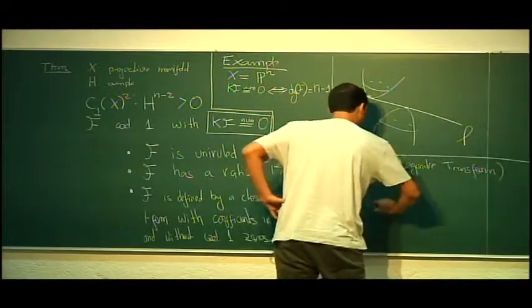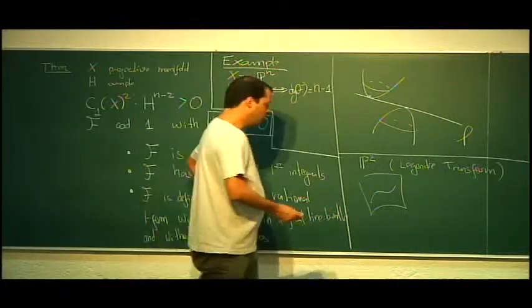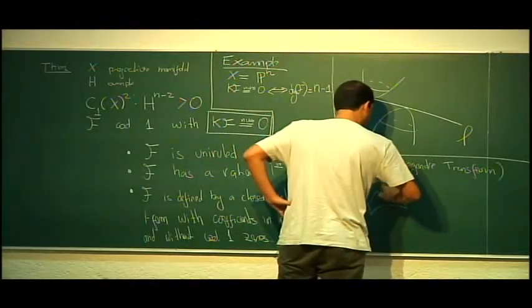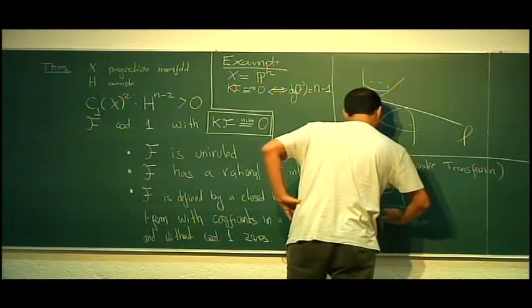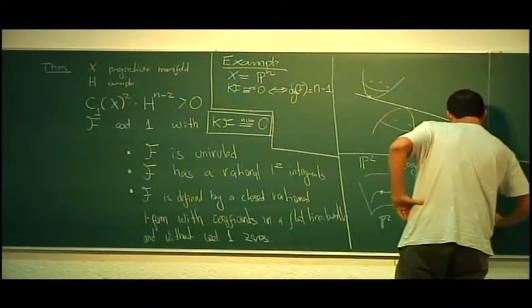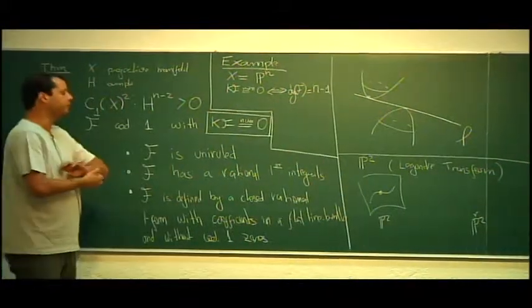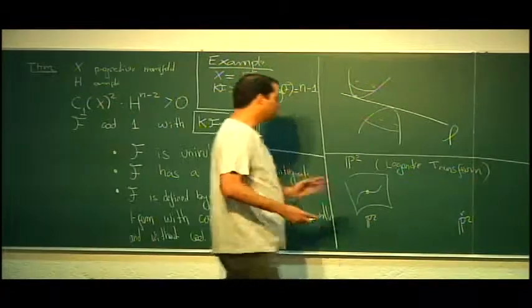So I have a foliation on P2, right? So I take a leaf. What I want to do is to exploit projective duality to define an object on the dual projective plane. So the idea is very simple.